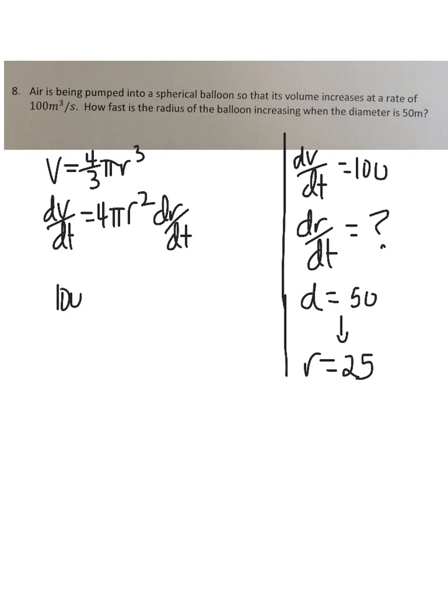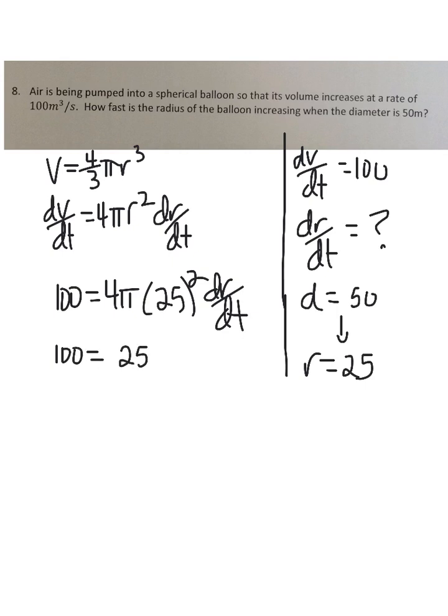So let's just throw this in. We have 100 equals 4 pi times the radius, 25, squared, times dr/dt. Throw 4 times 25 squared into your calculator, and you should have gotten 2500 pi dr/dt.